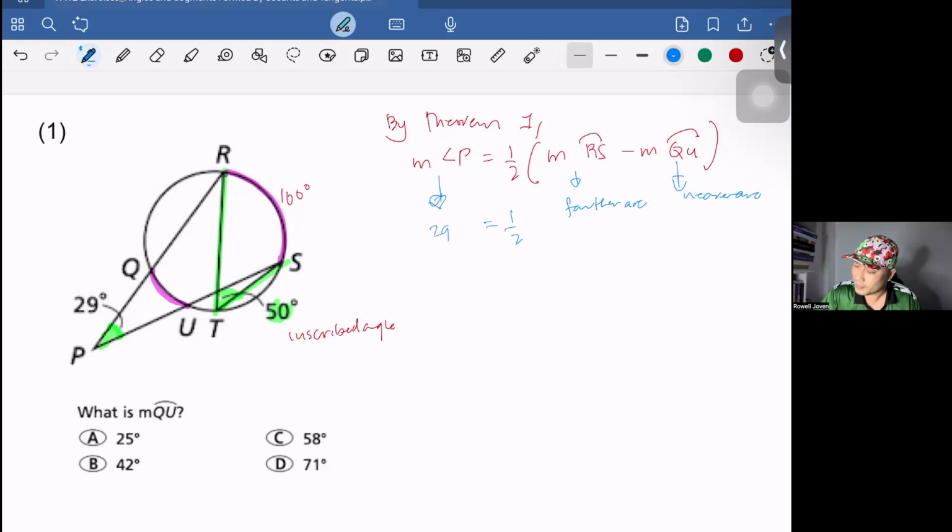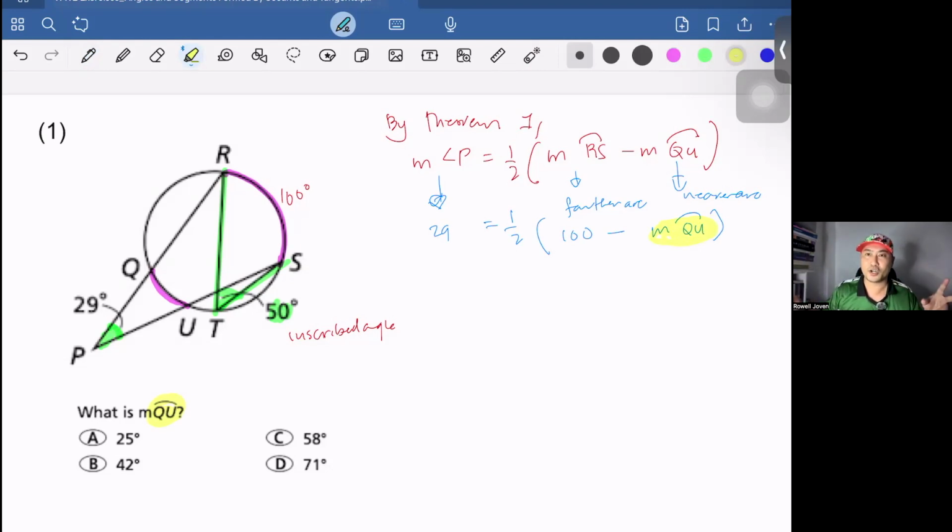It is equal to 1/2 the measure of arc RS, that's 100 degrees, minus the measure of arc QU. Correct? As you can see here, RQU is unknown. And in the problem, we want the measure of RQU. So what shall we do in order to get it?